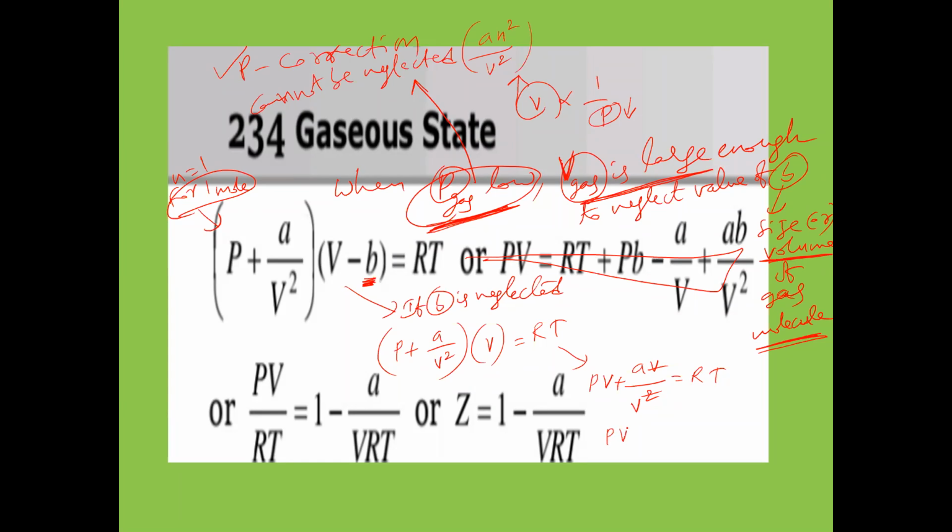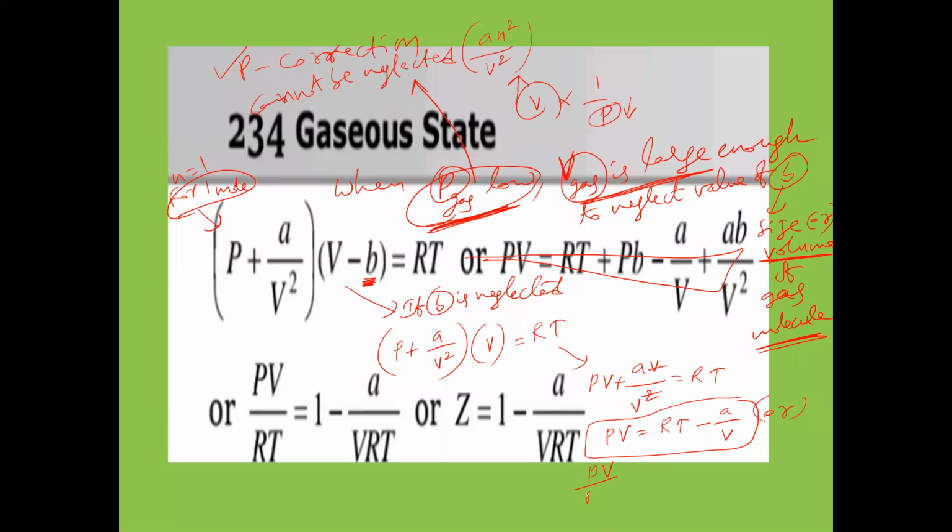Then PV is equal to what? RT will be on the right hand side, and this plus a by V we take to that side as minus a by V. Is that clear? So this formula we have to take here. That means PV is equal to RT minus a by V. Now divide each term with RT.